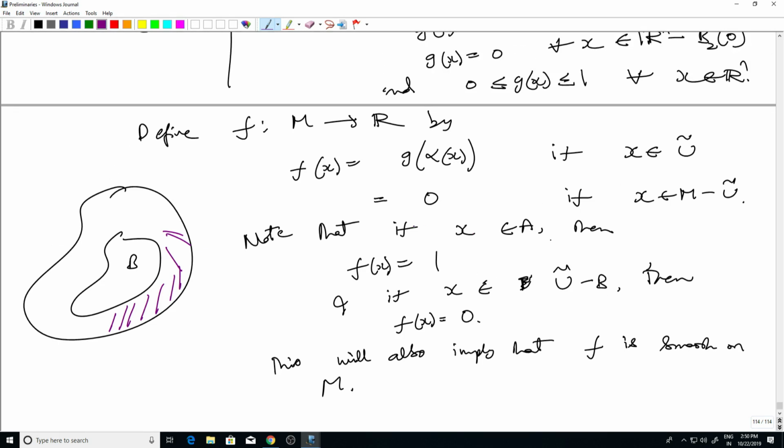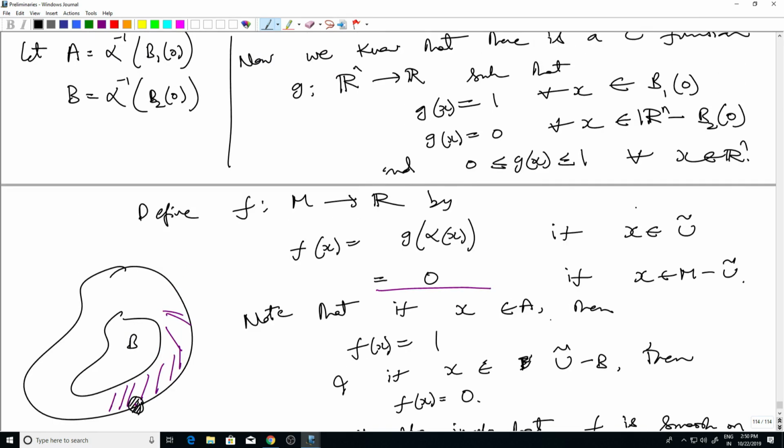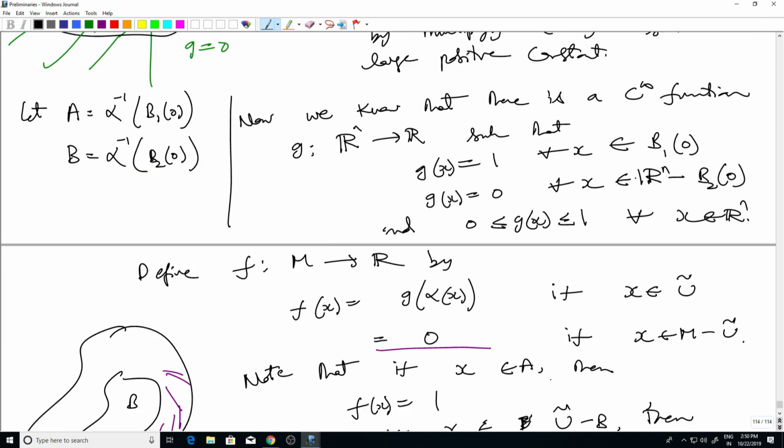So even if you are on the boundary of U tilde, it's not an issue. You can find a small neighborhood such that in that neighborhood, the function is identically 0. So it's a constant, therefore it's smooth there as well. So this proves that f is smooth everywhere, and it has the required property.